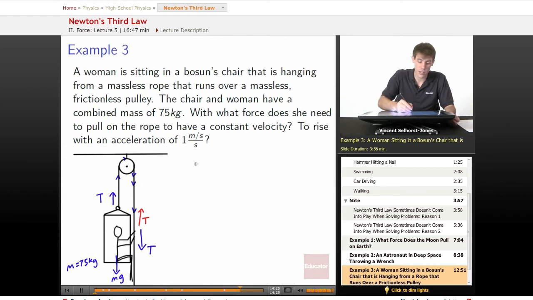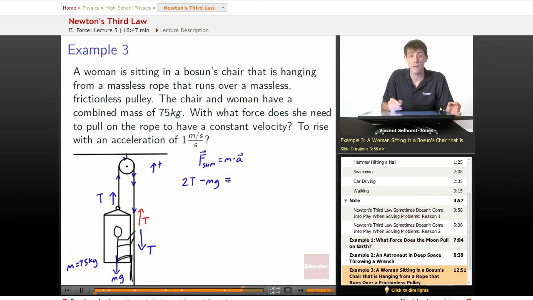So if she wants to have a constant velocity, we need the sum of the forces equals mass times acceleration. If we want constant velocity, then that's going to be equal to 0. So the sum of the forces is 2T going up, and we'll make up the positive direction. So 2T minus mg, and if there's no change in velocity, constant velocity, no acceleration, this is all going to equal 0.